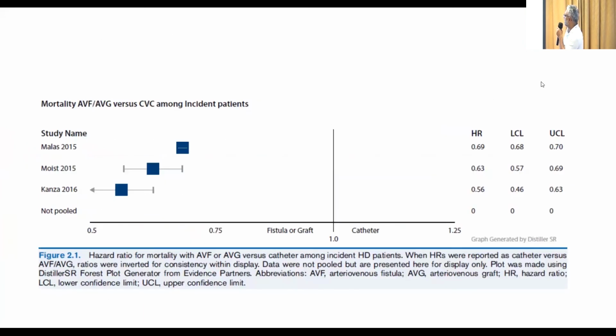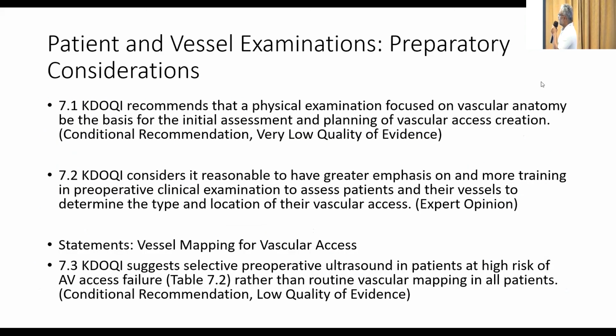On this side of the chart, catheters favored, fistula favored, okay? And most of these studies actually favored fistulas on mortality. So they looked at mortality with AV fistula, AV graft versus CVC among patients. So almost, if you look at there, 40 to 50% higher mortalities with central catheters versus fistulas or grafts.